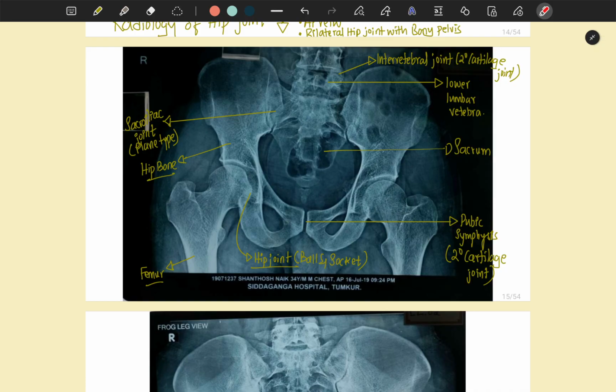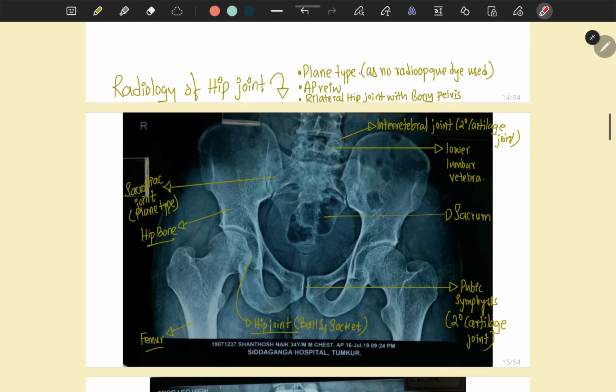Okay, this is about the features and parts of the femur. Now coming to the hip bone. The hip bone has three parts: ilium, ischium, and pubis. Coming to the ilium bone, you can see the iliac crest here.